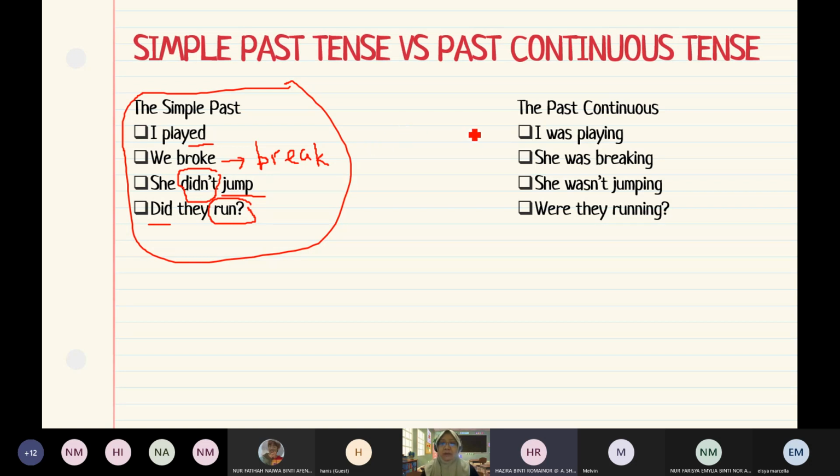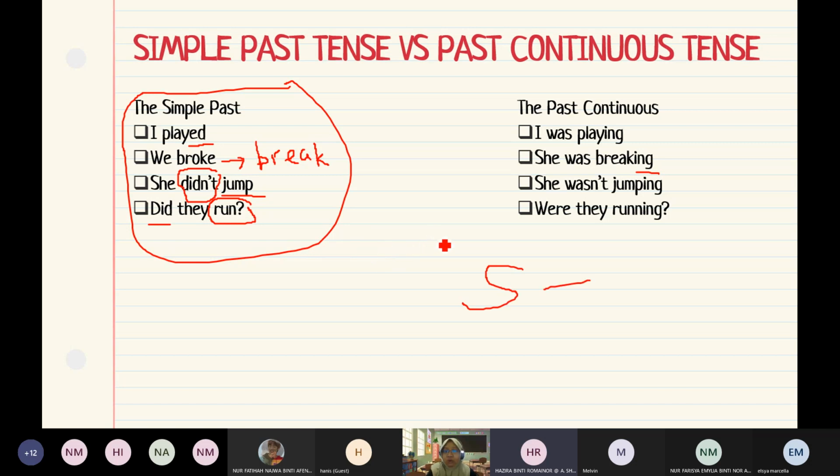Okay, for past continuous tense, you have to put was or were plus the verb, you have to put ing at the back. Was or were depends on the subject, whether it is singular or plural.